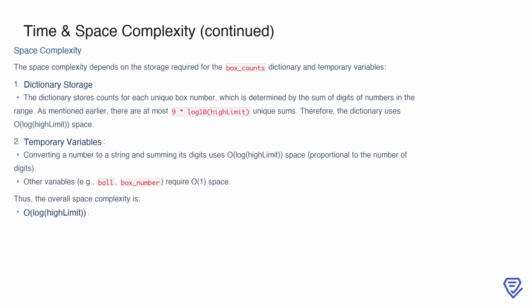Additionally, temporary variables contribute to the space requirements. For example, converting a number to a string and summing its digits requires space proportional to the number of digits, which is O(log high limit). Other variables, such as those used for tracking the current number or box number, require constant space, or O(1). When we combine these factors, the overall space complexity of the solution is O(log high limit).